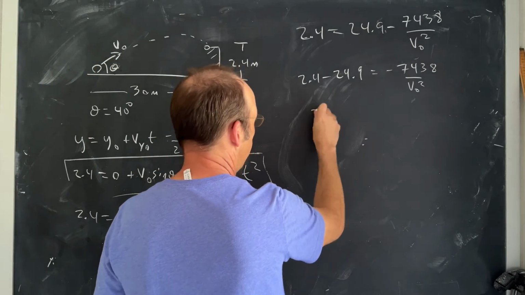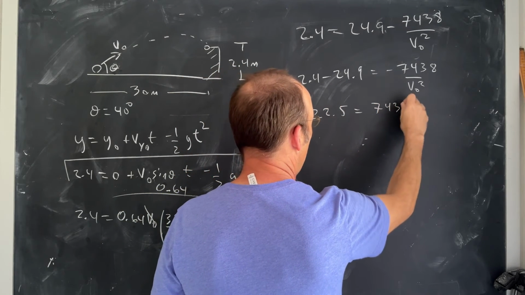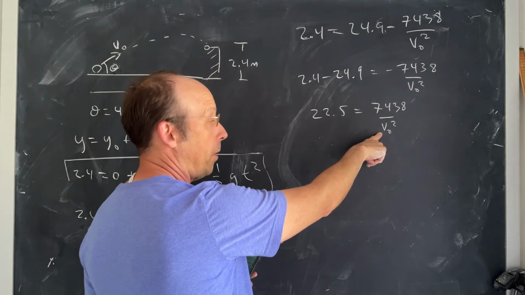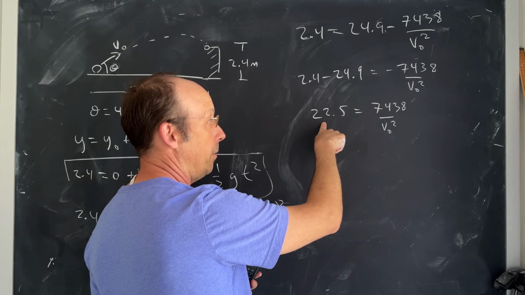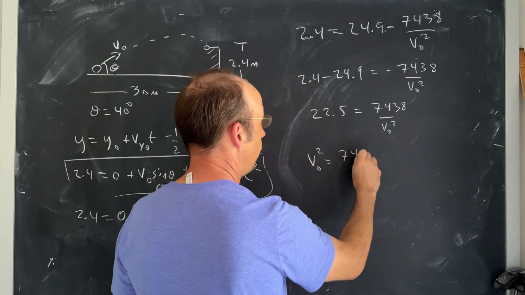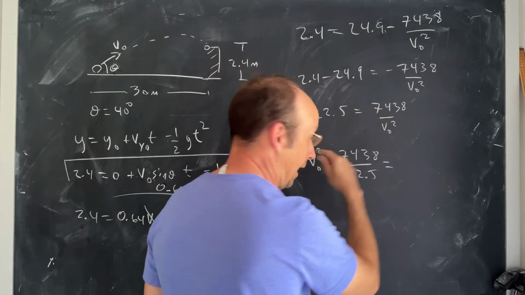So the negatives cancel, so I get 22.5 equals 7438 over v0 squared. I'm going to multiply both sides by v0 squared, divide both sides by that, and I get v0 squared is 7438 over 22.5. That's just a number.